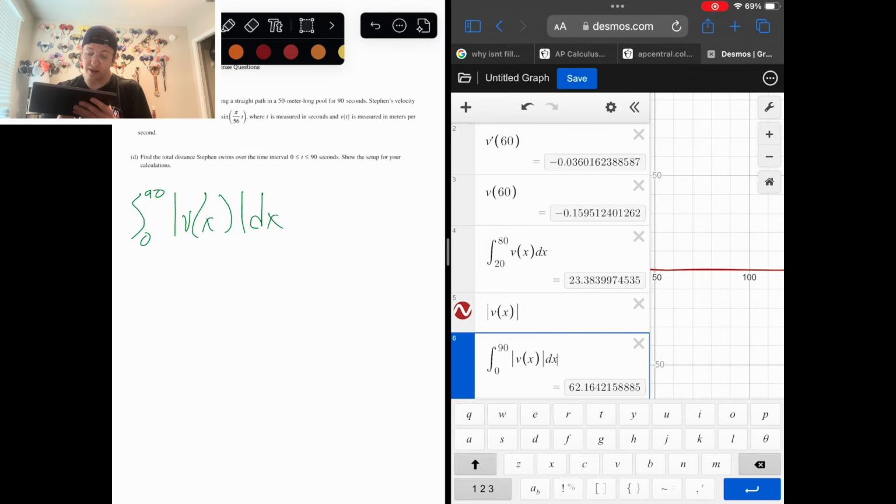So that will be 62.164. There are no units there. That is his total distance that he has covered. He went forward and backwards, and using the absolute value function, we account for all of that distance.